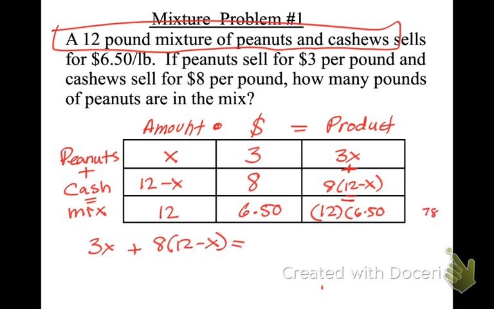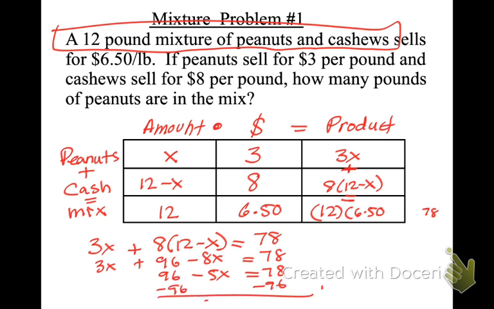So my equation is 3x plus 8 times 12 minus x equals, I'm going to multiply that out, that's 78 there. And then we distribute. I get negative 5x plus 96. Subtracting 96, be very careful here.